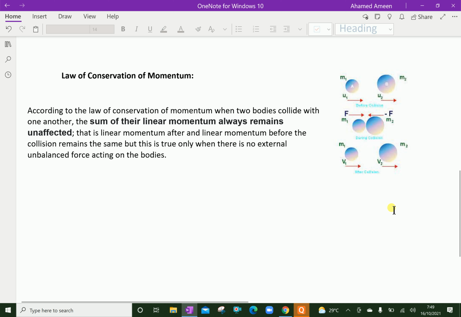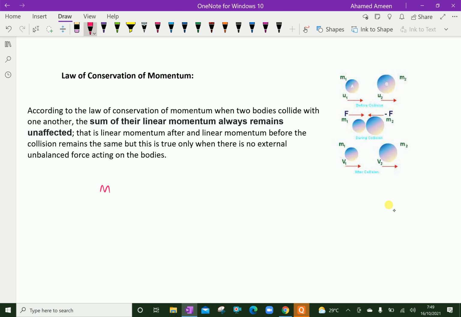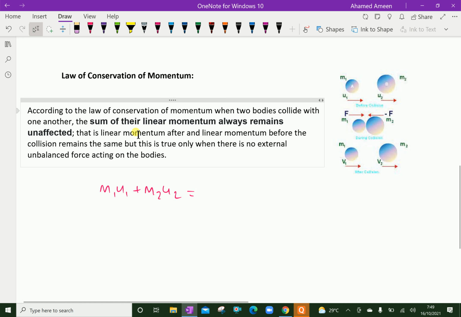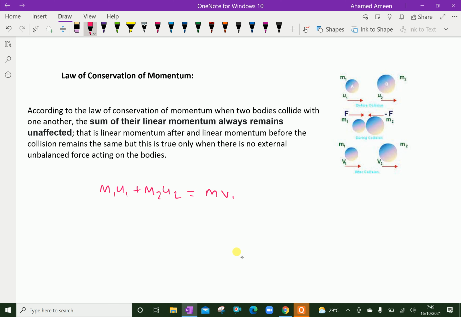Now mathematically we can express this as total momentum before collision: m1 u1, the momentum of the first body, plus m2 u2, the momentum of the second body, which is equal to the total momentum after collision, m1 v1 plus m2 v2.